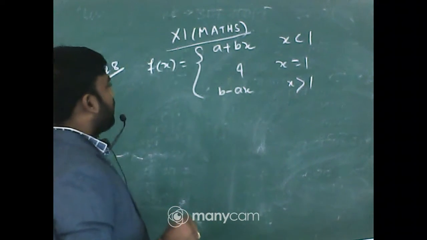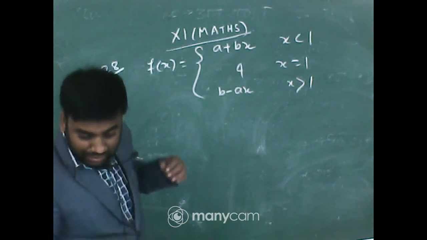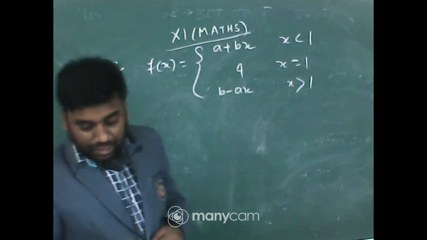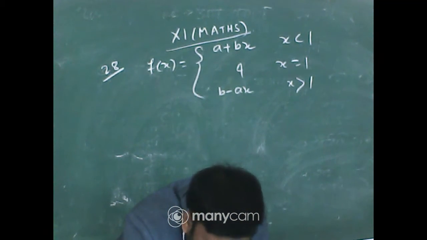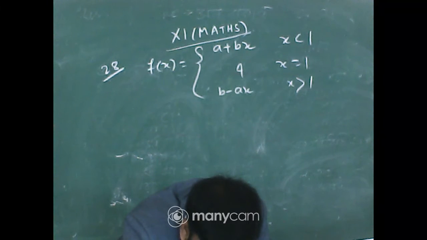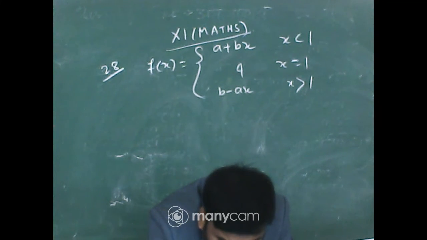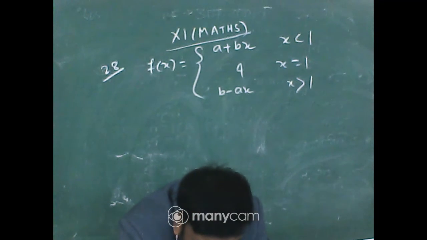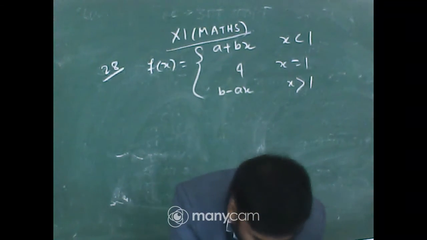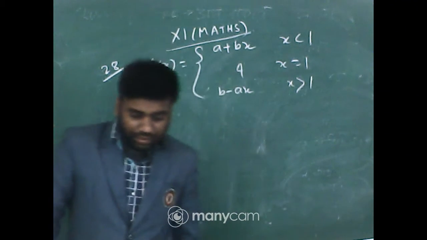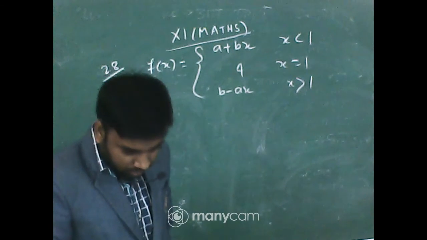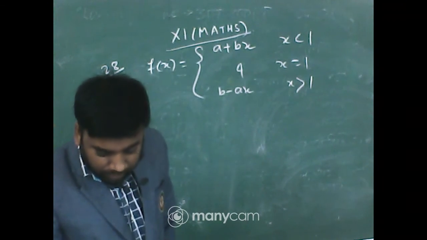Now students, in this question it is asked that if the limit of fx as x tends to 1 equals f1, then find the value of a and b.